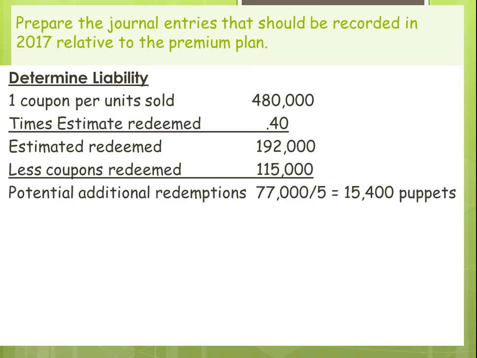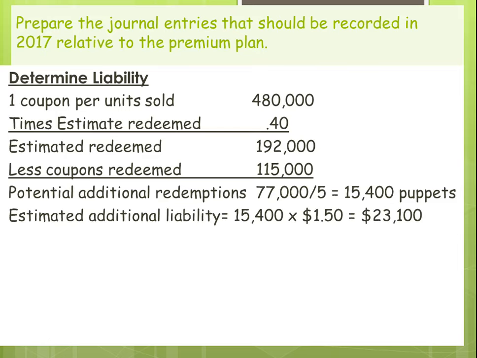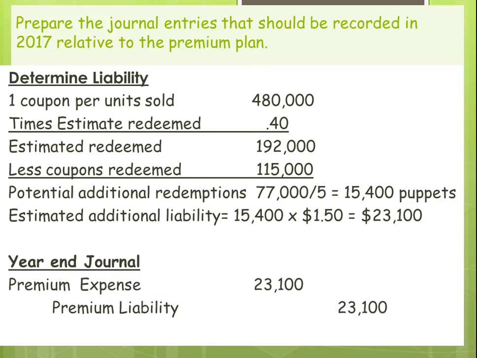So potential redemptions are 15,400 puppets. So our estimated liability, take that times $1.50, is going to be 23,100. So our journal entry at year end would be premium expense 23,100, premium liability 23,100. That completes examples of current liabilities for Chapter 13.